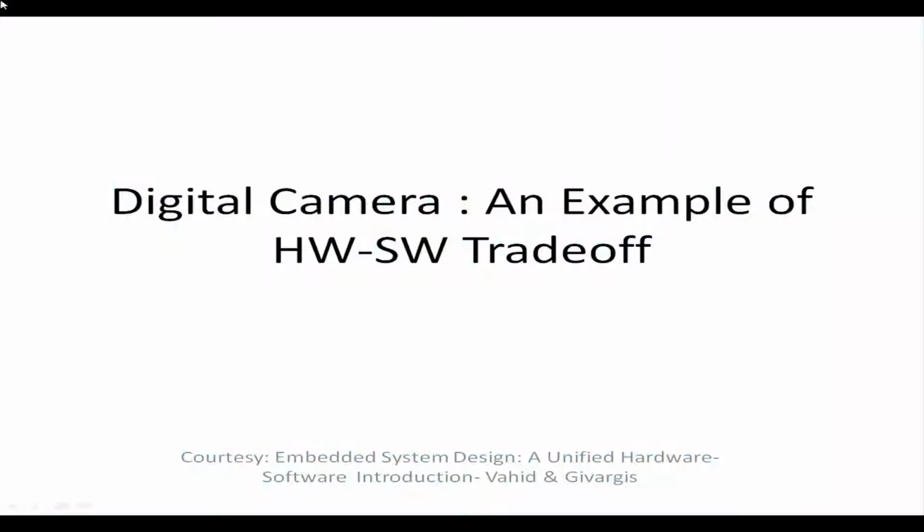Today, we will look at an interesting example of a digital camera. I have selected this example from the textbook that has been referred for this course, that is Embedded System Design, a Unified Hardware Software Introduction by Frank Vahid and Givargis.